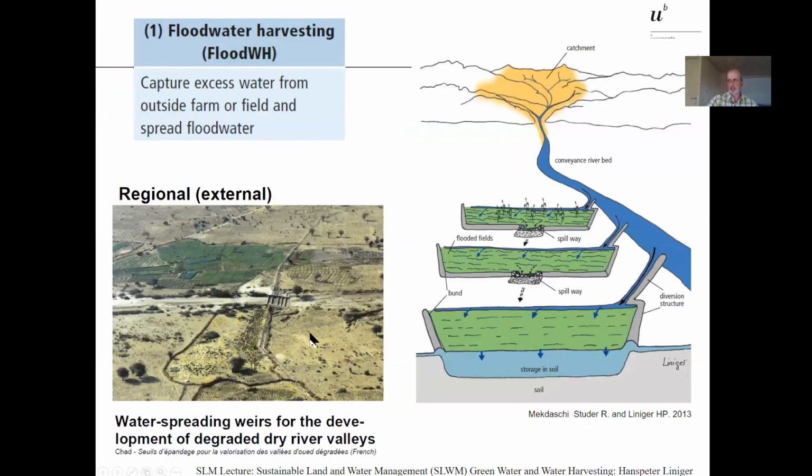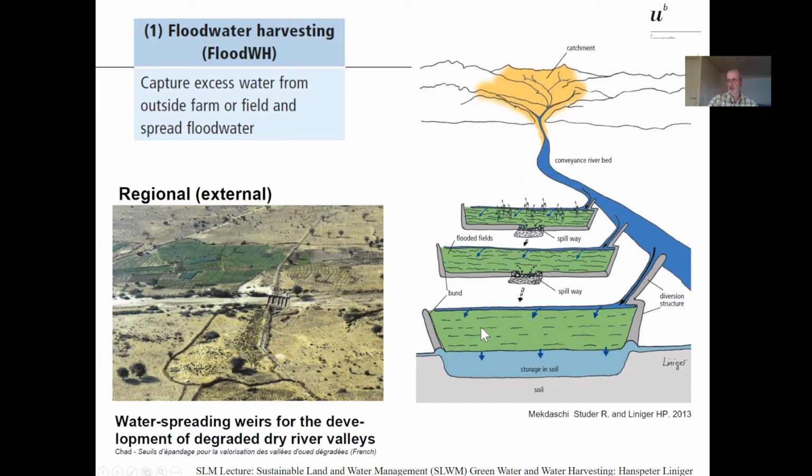The next one, flood water harvesting, captures excess water from far away, where there are floods in exceptional years and rainfall events, and then spreads it on the land, and you store the water mostly in the soil. You use vast areas where you store the water in the soil, and then you use it for production.